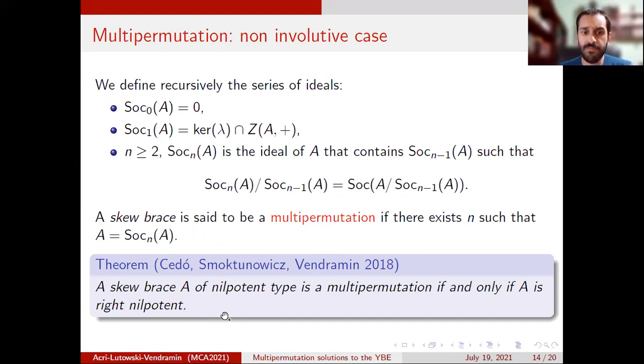And by a theorem proved by Cedó, Smoktunowicz, and Vendramin, we know that multipermutation skew braces of nilpotent type, important, are exactly the right nilpotent ones. So we characterize multipermutation skew braces using the right nilpotency notion.